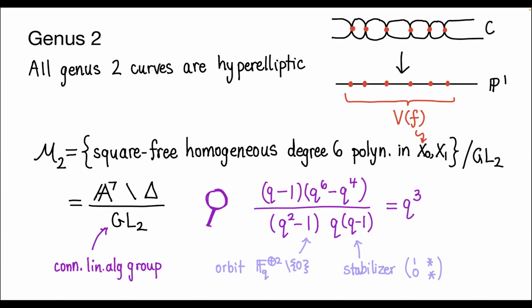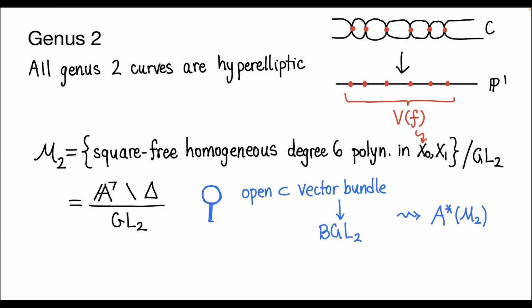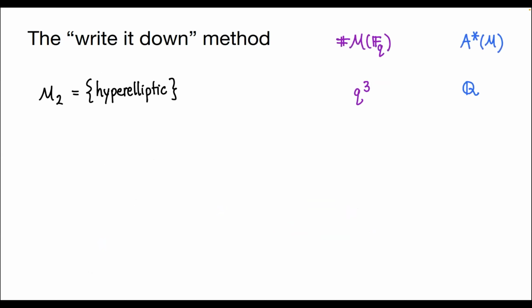I want to point out that this presentation of M2 is also exactly the sort of thing that allows you to compute its Chow ring. And more generally, people have used sort of explicit constructions of moduli spaces of curves in low genus to compute their point counts and their Chow rings.